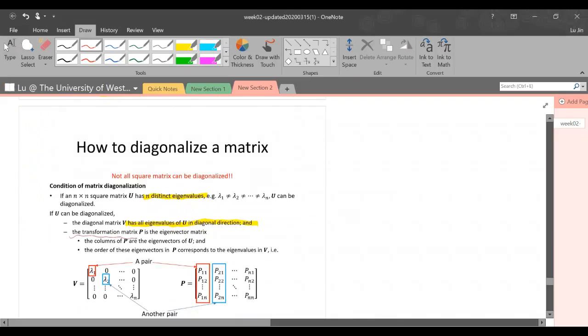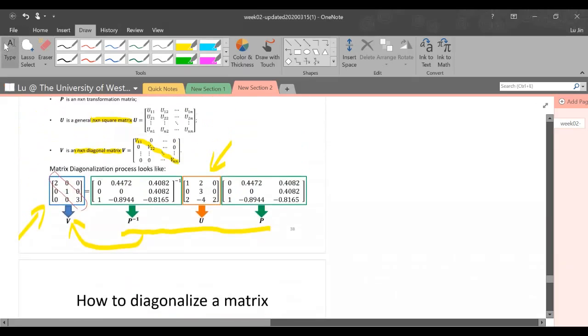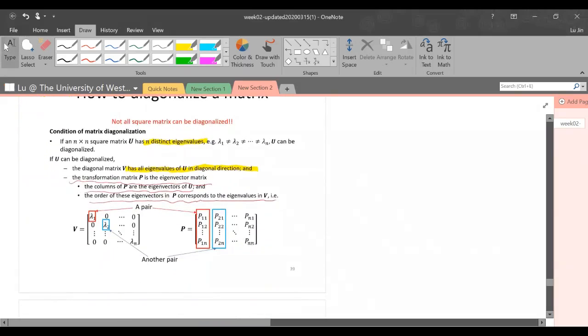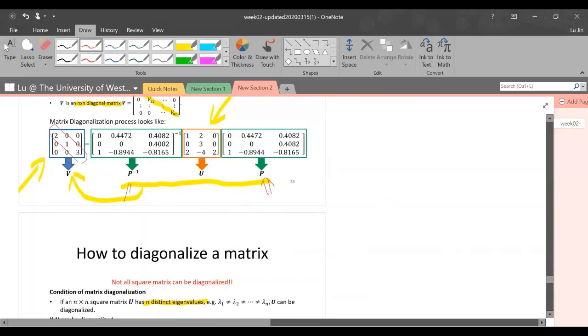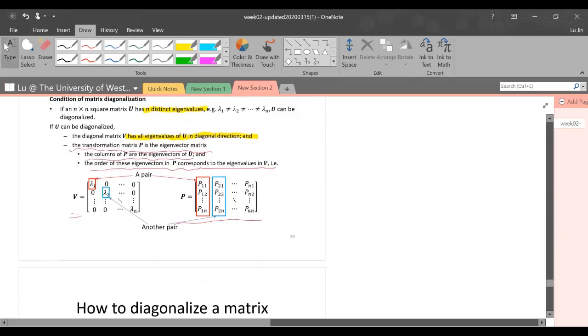And keep going. The transformation matrix P is the eigenvector matrix. The columns of P are the eigenvectors of U, and the order of these eigenvectors in P corresponds to the eigenvalues in V. So what I mean is given here. See here, this V is the final result, the diagonal matrix after the diagonalization process. And this P is the transformation matrix. So P is used here, and inverse P is used here. P must be an n by n matrix as well. So the square matrix P must have n columns, and each column is 1 eigenvector.